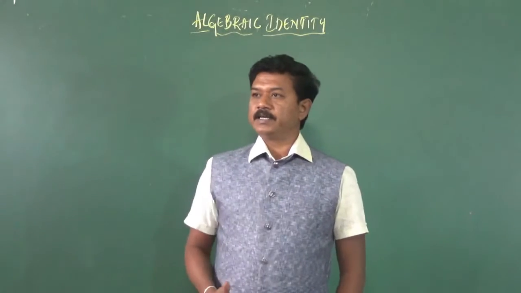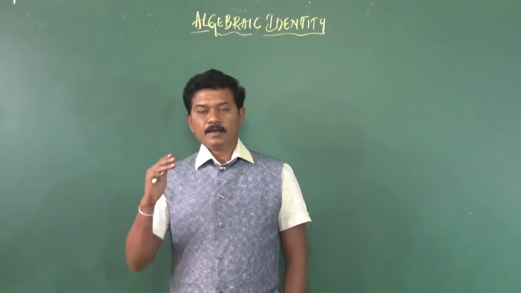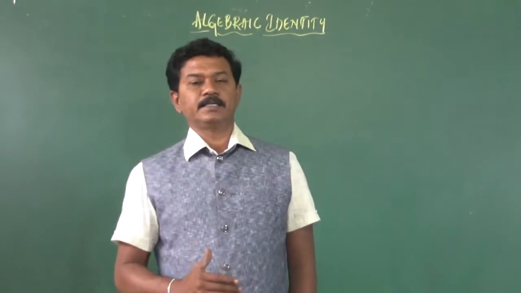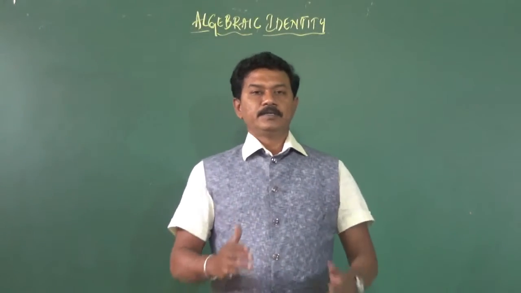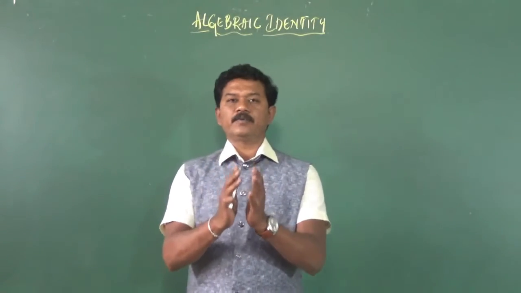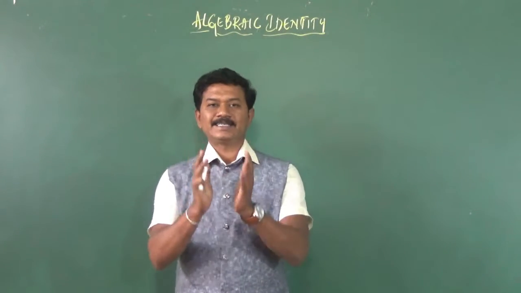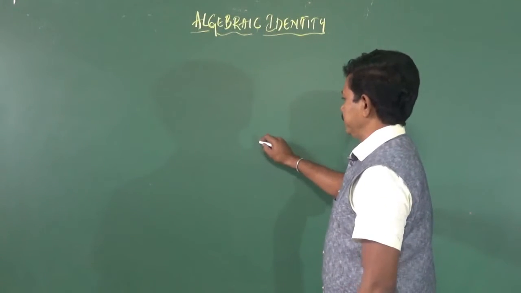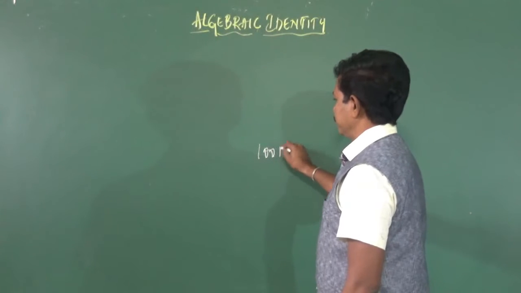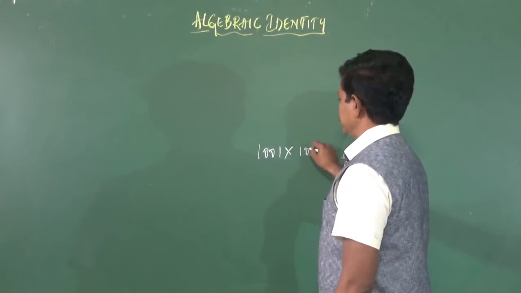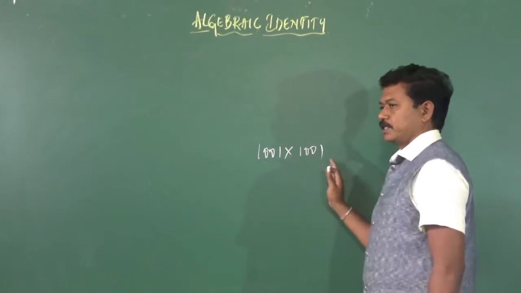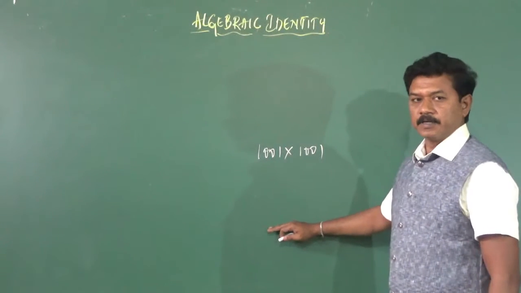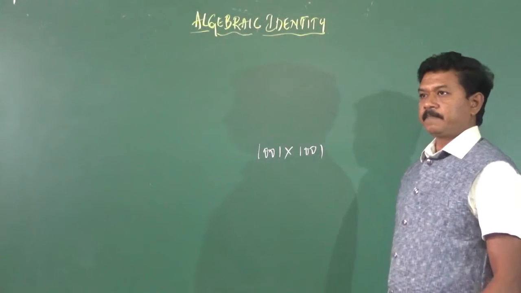The second point is that we get a lot of speed. Once we start using algebraic identities while solving mathematical problems, we get the required speed and can save a lot of time. For example, if I want to multiply 1001 into 1001, the general multiplication process is going to take a very large number of steps before I reach the solution.